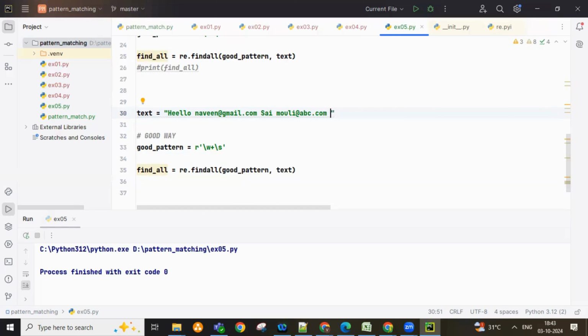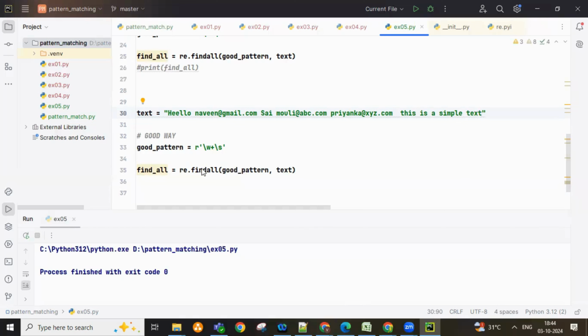And for example, let's say Priyanka@xyz.com. And this is a simple text.